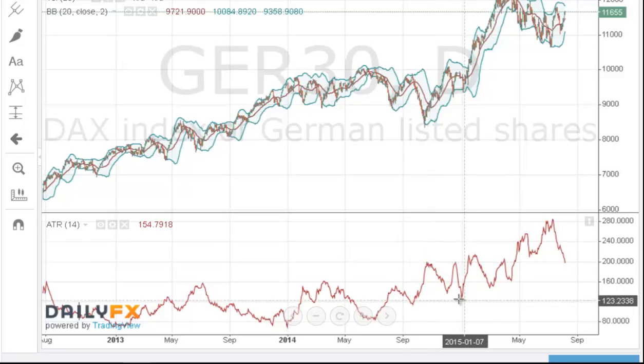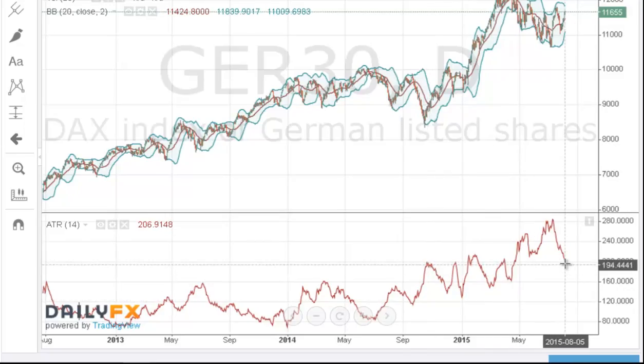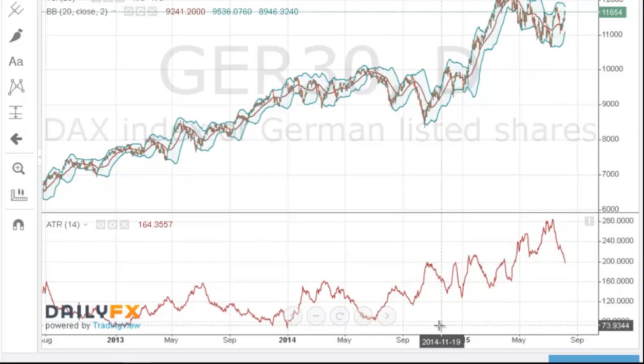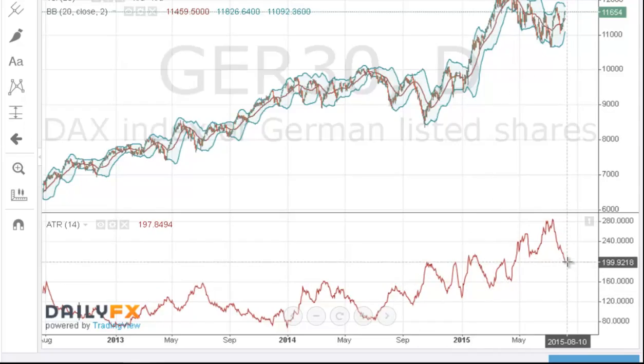I can imagine that this is a low for the average true range, because the lows seem to be increasing and so on. So if this is the low, and that's a good indicator for a change about to happen, then I'd be tempted to go sell this.